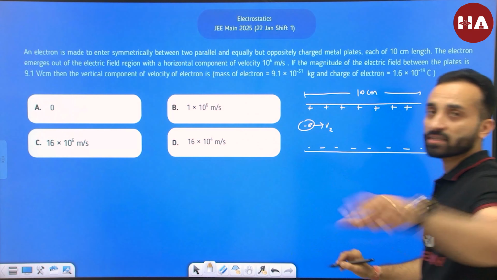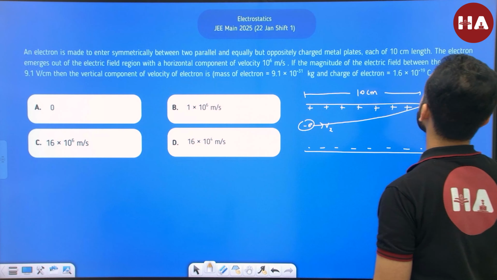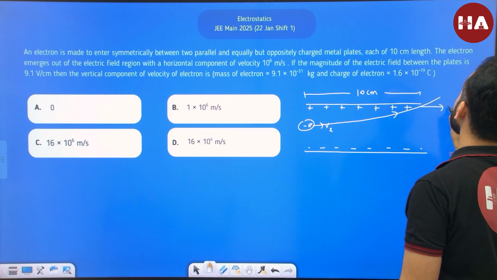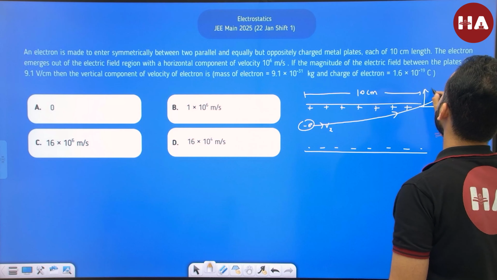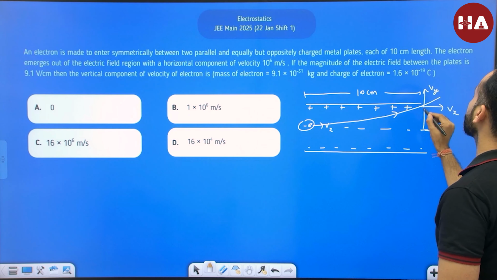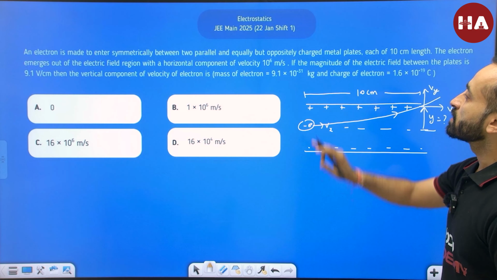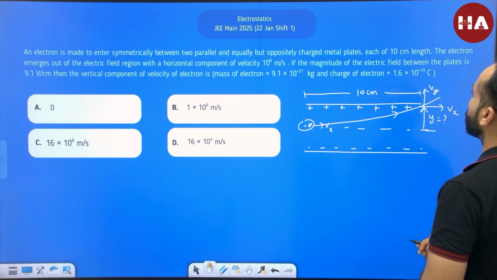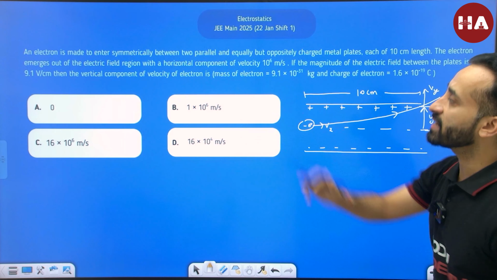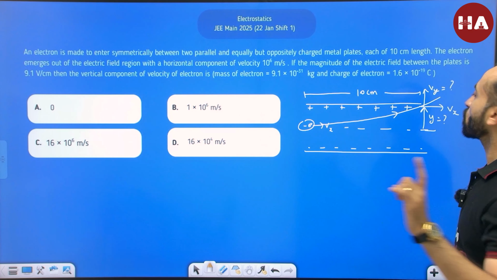We have seen a similar kind of situation in an NCERT problem as well, and it will divert like this. So its x velocity will never change and it will have a y velocity now. In NCERT they have asked the y displacement that it will suffer. But right now they have given us the horizontal component of velocity and the magnitude of the electric field, and they are asking us the vertical component of velocity.